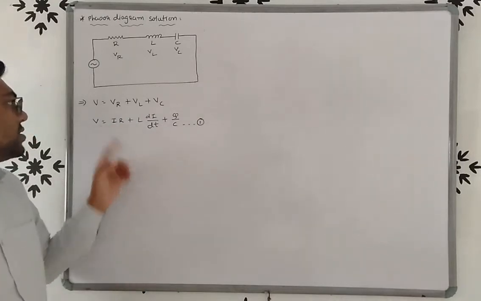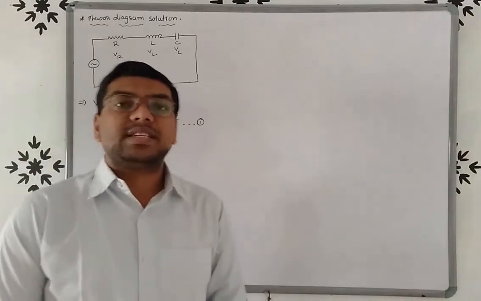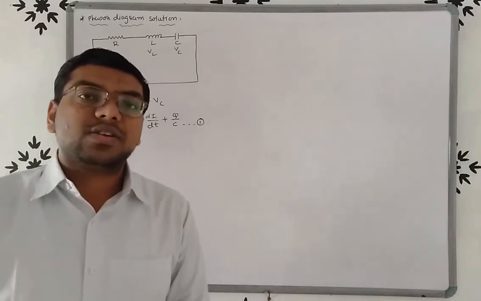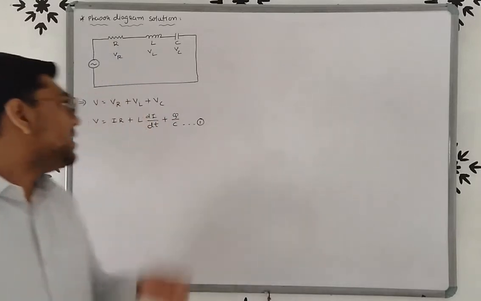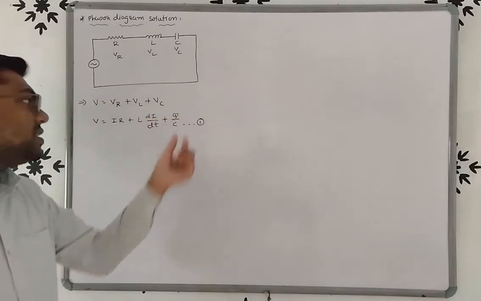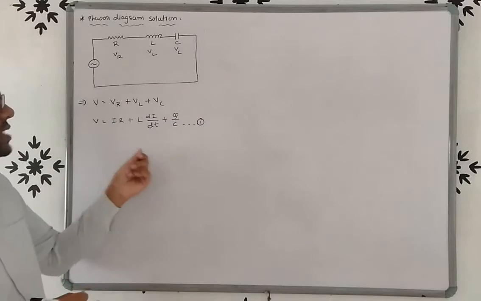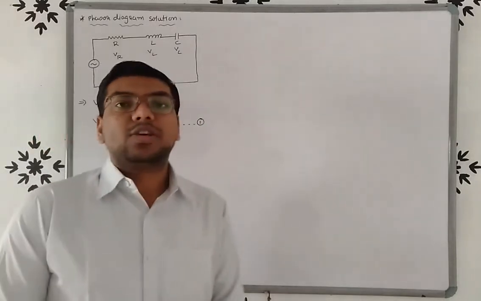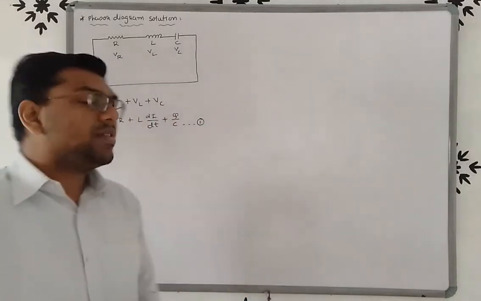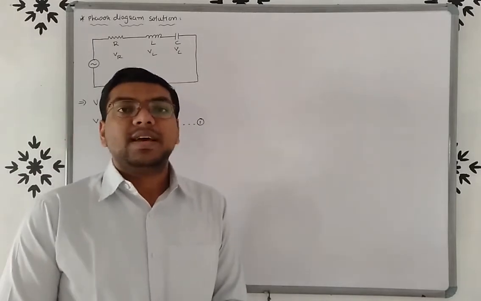We know the potential across the resistor is IR, across the inductor is L di by dt, and across the capacitor is Q by C. So V is equal to IR plus L di by dt plus Q by C. So this is the equation of total potential, right?